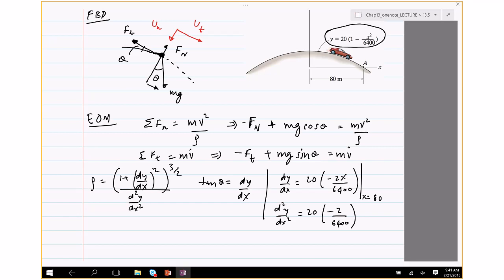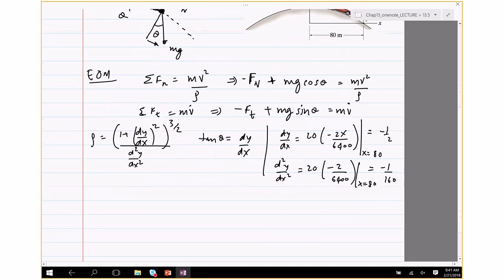You can use that equation to find x if you're given y. So that comes out to be negative half, and the second one comes out to be negative 1 divided by 160.